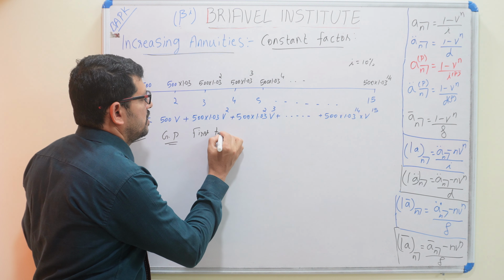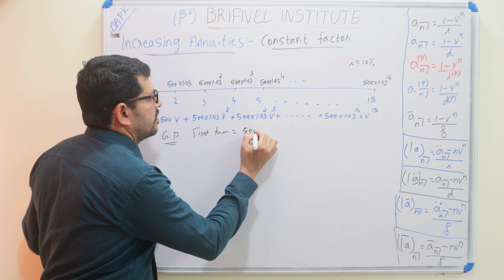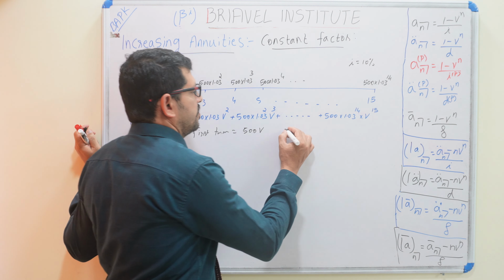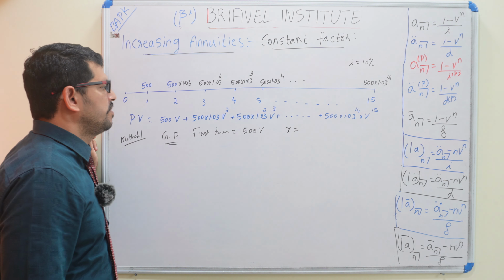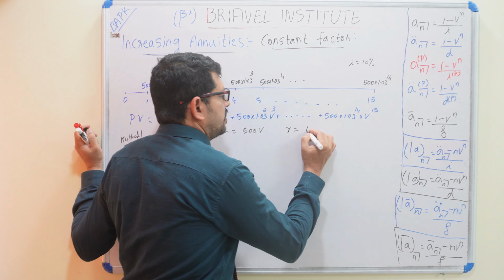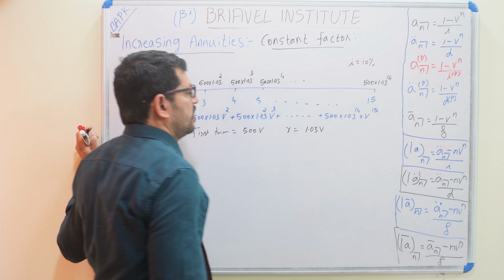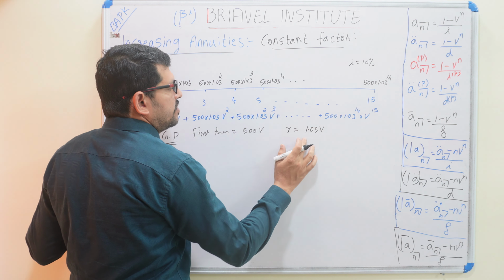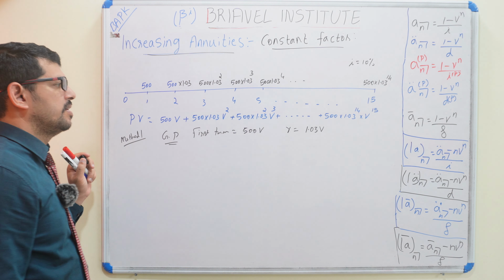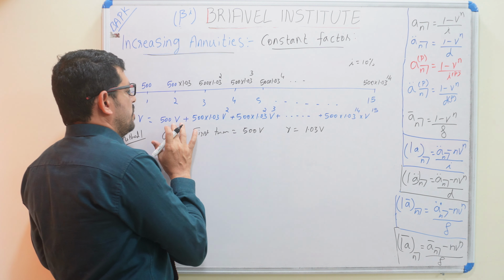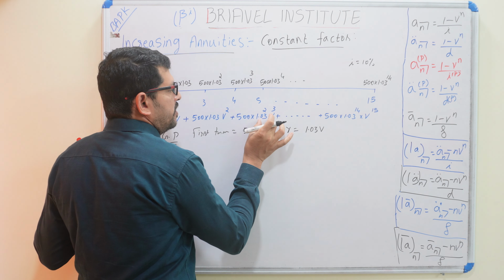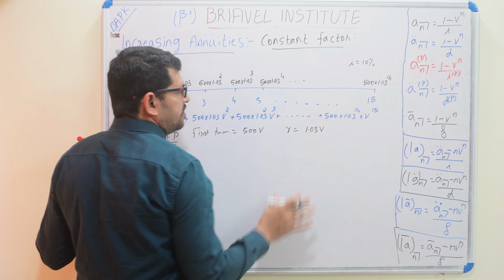First term is 500 V, and the common ratio R is equal to 1.03 V. So this 1.03 V is increasing every year. That is the common ratio. This is 500 V, here 1.03 V is multiplied, again 1.03 V is multiplied. So common ratio 1.03 V.